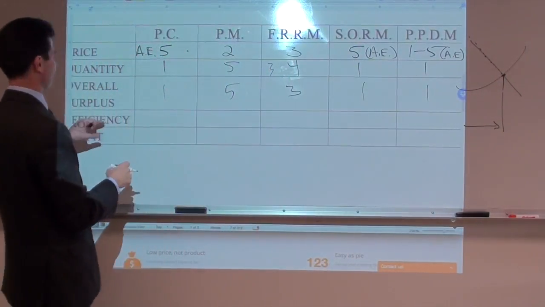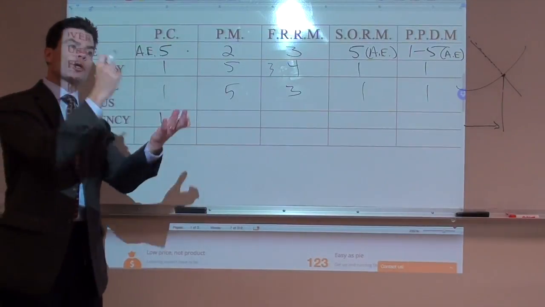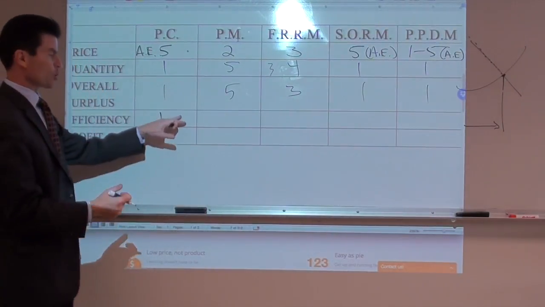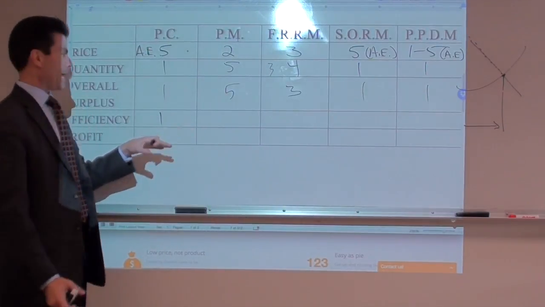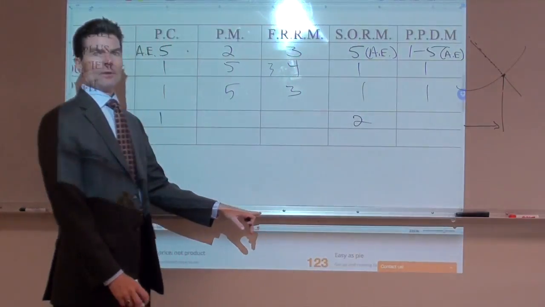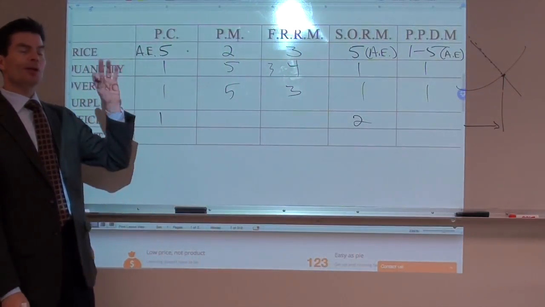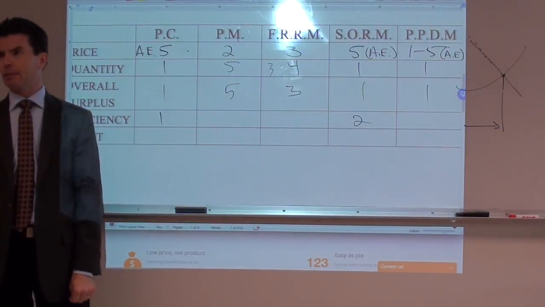So now we go on here to efficiency. This is going to be the most efficient, and the reason why is I want you to think about short run and long run, because in the long run they're allocatively and productively efficient. The reason why this would be number 2 is because they're allocatively efficient, but they're not productively efficient.